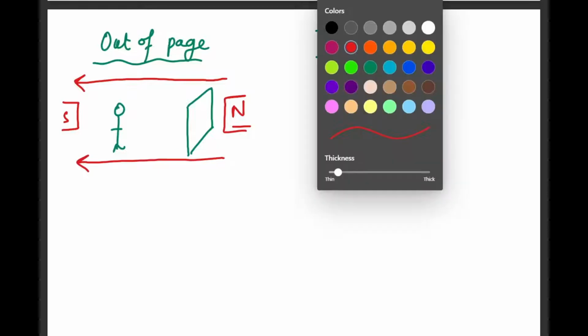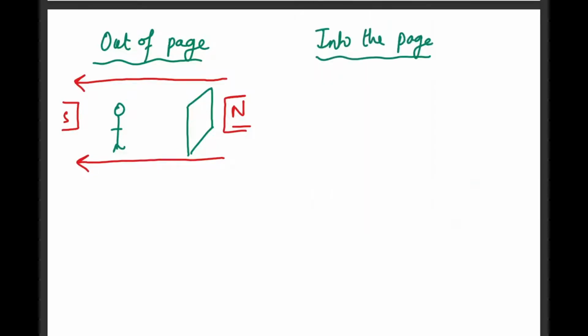And if I extend this concept from this perspective, the magnetic field lines would appear as if they're coming out of the screen that I'm looking at, crossing through your body and going to the respective pole. You are not supposed to remember it in this way. I'm just trying to explain how to visualize out of the page and into the page, right?